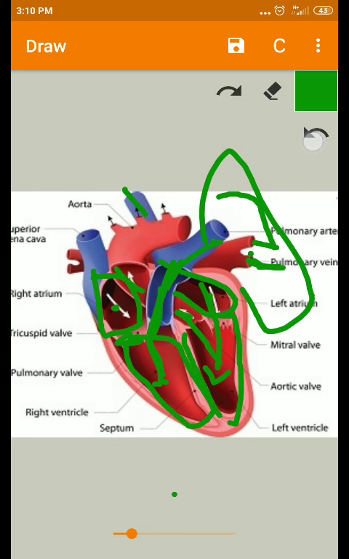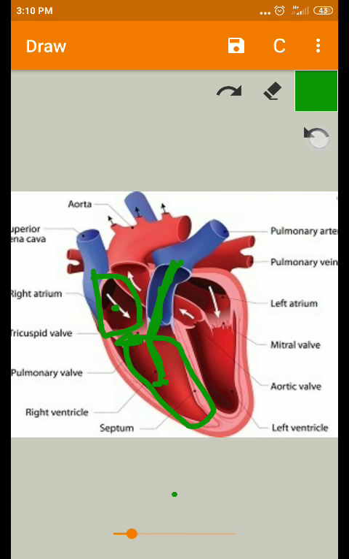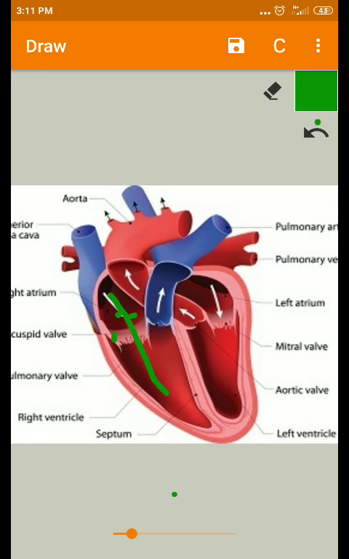So deoxygenated blood from all over the body finally reaches the right atrium through the superior vena cava, inferior vena cava and the coronary sinus, and from the right atrium to the right ventricle through the tricuspid valve, and from the right ventricle to the pulmonary trunk, and through the pulmonary trunk it goes to the lungs through the pulmonary arteries.